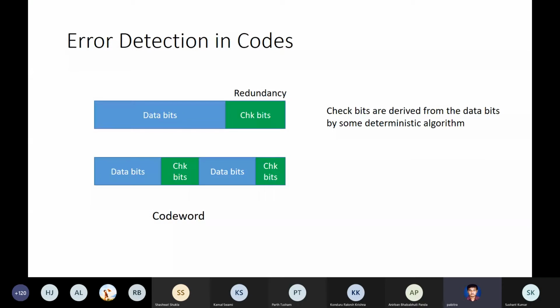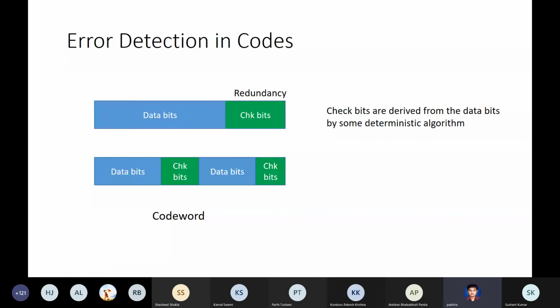These check bits may be either appended at the end of the data bits, or they may be interspaced inside the data bits. These check bits help you in error detection as well as correction. And these check bits are derived from the data bits by some algorithm. So they are computed. The data bits are generated by a human or a hard disk or whatever source.